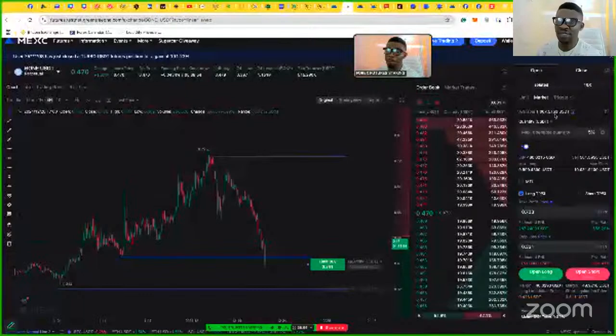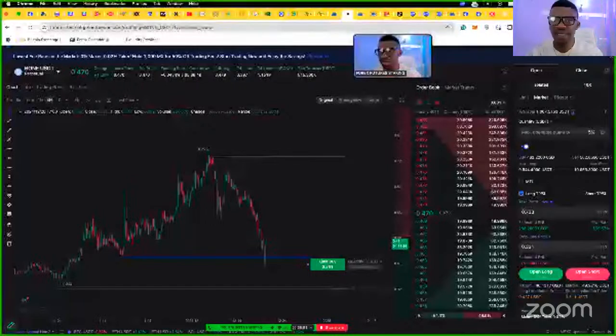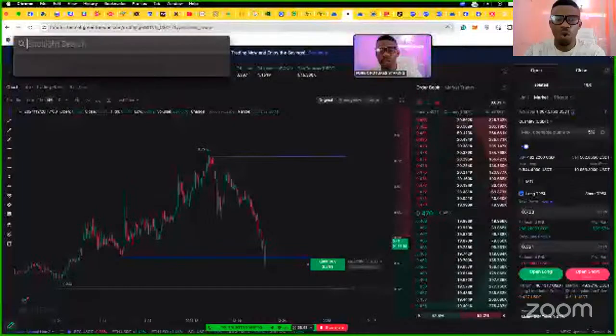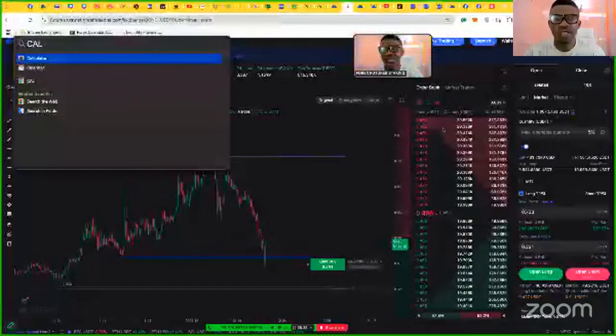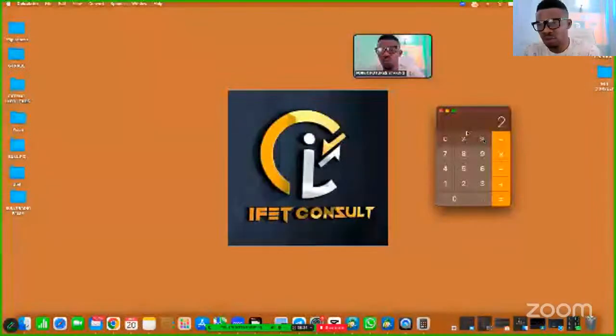So you must bring down your risk per trade to 2% of your account, every single trade. Calculator, what is 2% times $1,000?